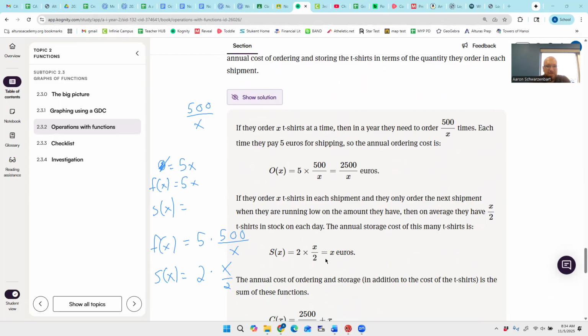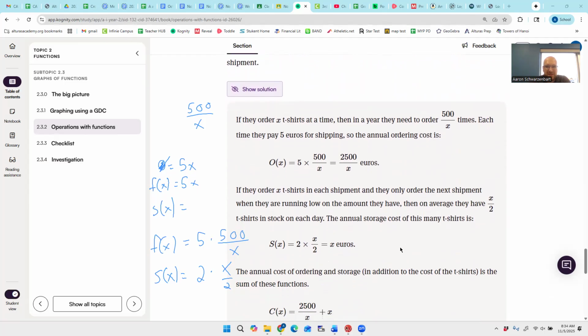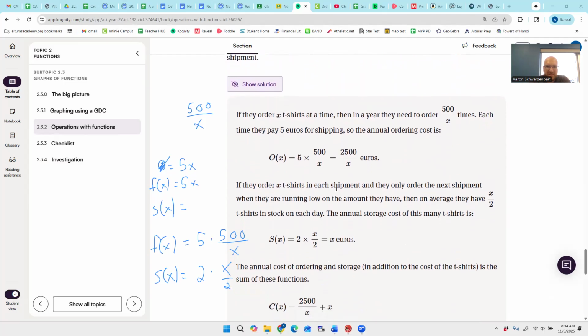I just don't understand where X over 2 came from. So if they order X t-shirts in each shipment, when running low, you order more. On average you have X over 2 in stock. You have half the shirts you've ordered in stock over the course of a year, because some of them you sell right away, some of them you don't sell till the end.